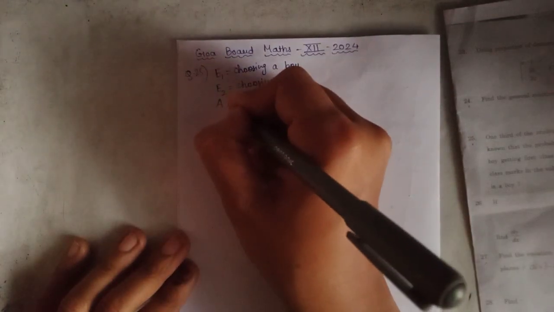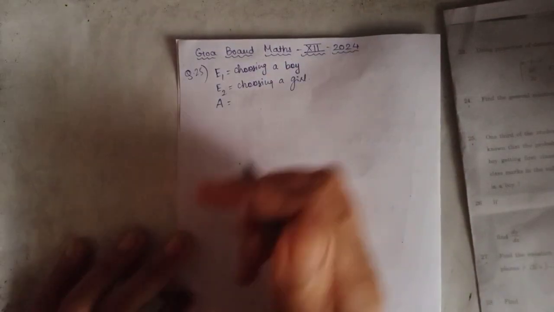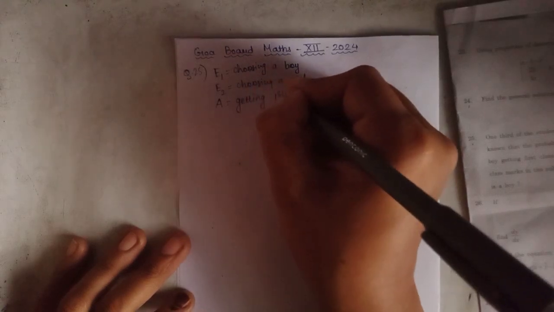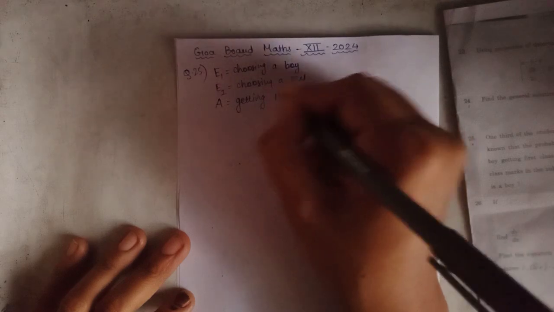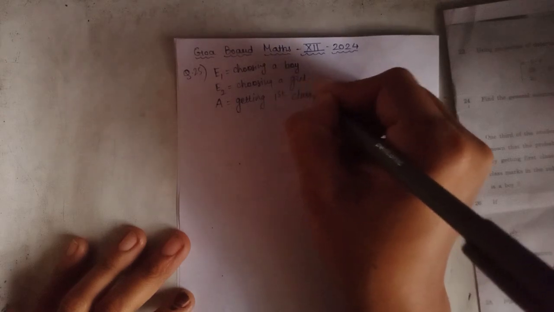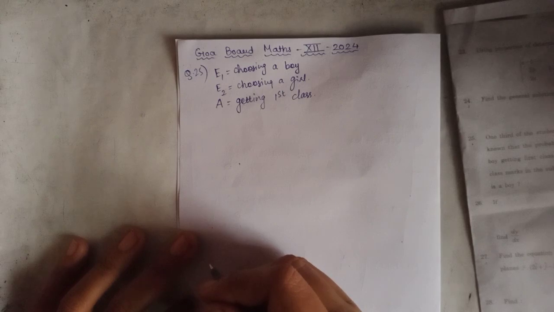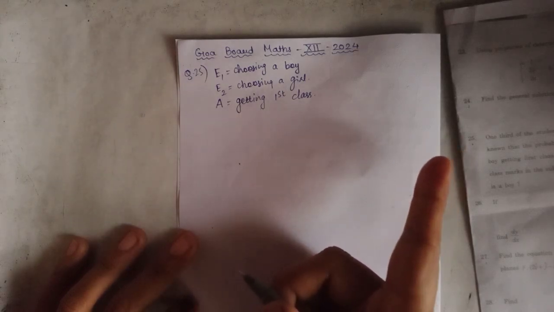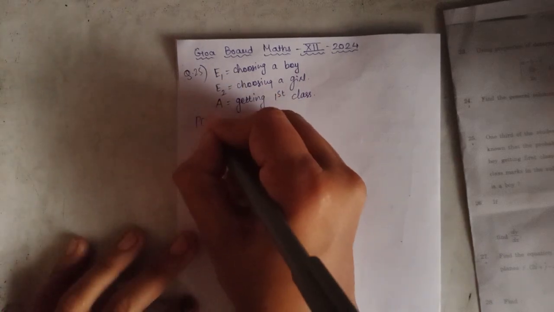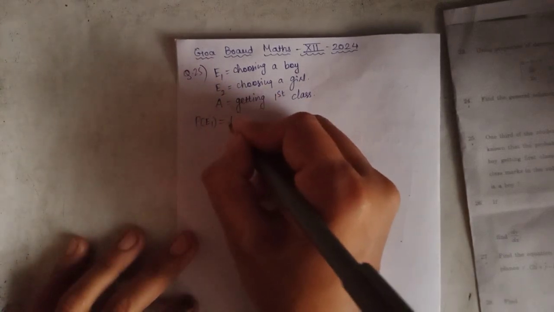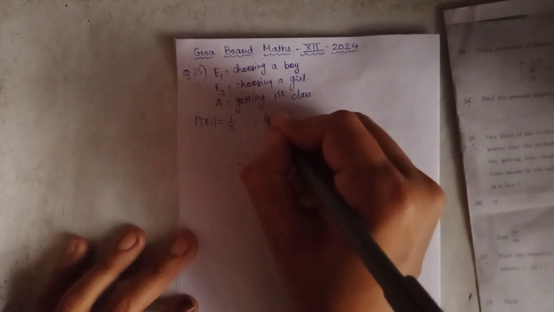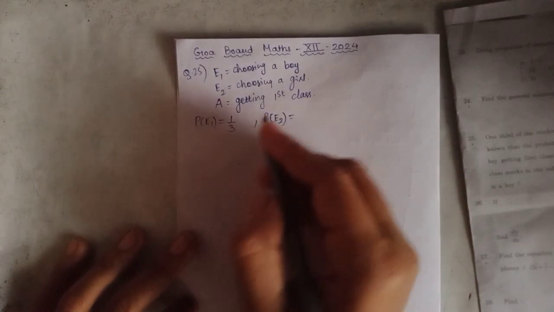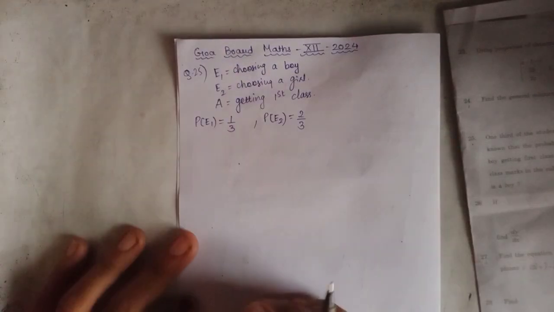Now there is one condition, that is getting first class. Getting first class is our event A, condition A. 1/3 of the students in a class are boys, so probability of E1, that is boys, is 1/3. So probability of E2, that is girls, will be 1 minus 1 by 3, which is 2 by 3.